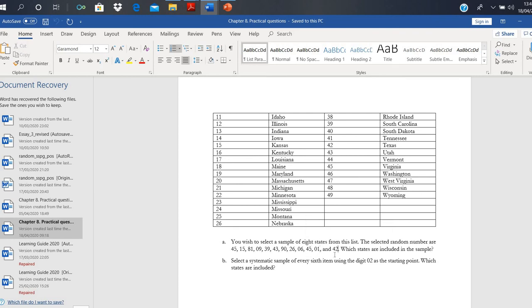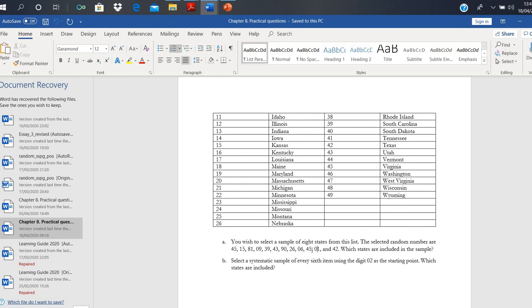01 and 42. So actually the states that will be included will be 45, 15, second state. The third state is 9. The fourth state is 39. The fifth state is 43, sorry. And the sixth state is 29. The seventh state is 6. And the eighth state is 01.